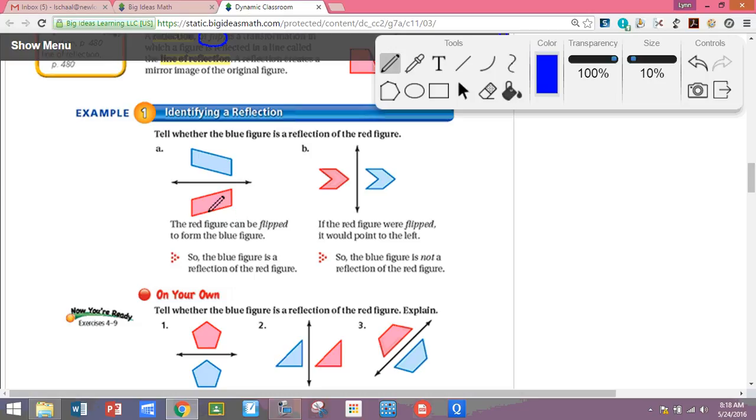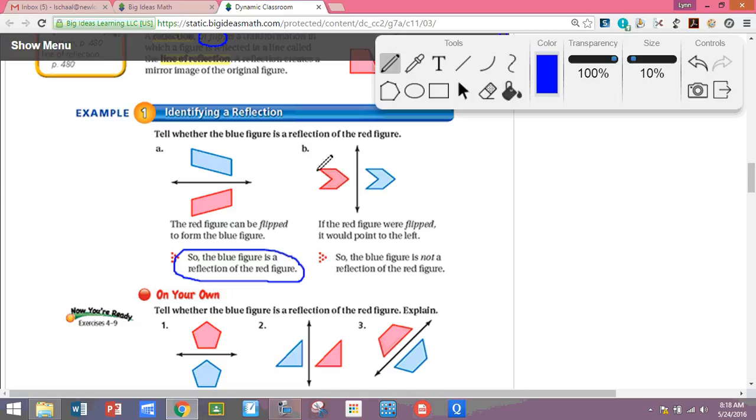In this situation, it can be flipped. You can flip that blue one. It's the opposite mirror image of the blue one, so therefore it is considered a reflection, because you can flip the blue form on top of the red form.